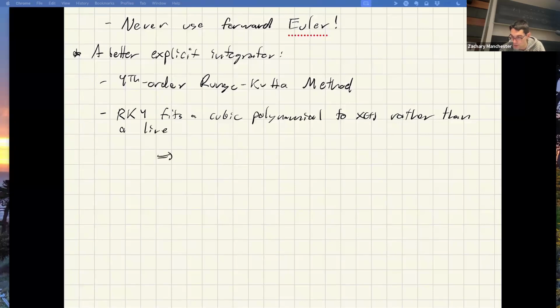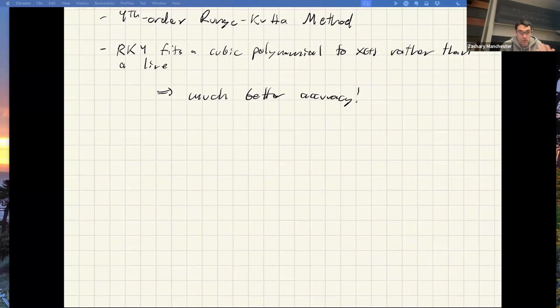And the takeaway is much better accuracy. And it's a really simple thing you can look up. I guess I'll write the pseudocode for this, and you can find this in many places.